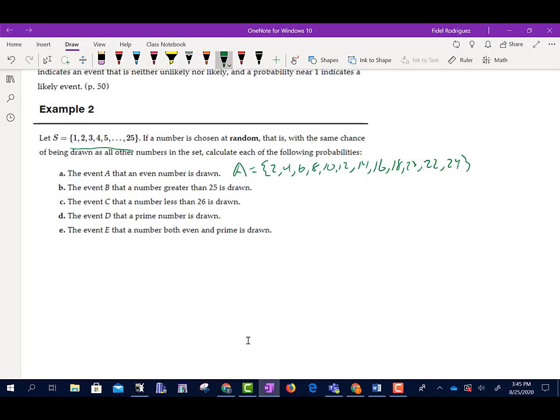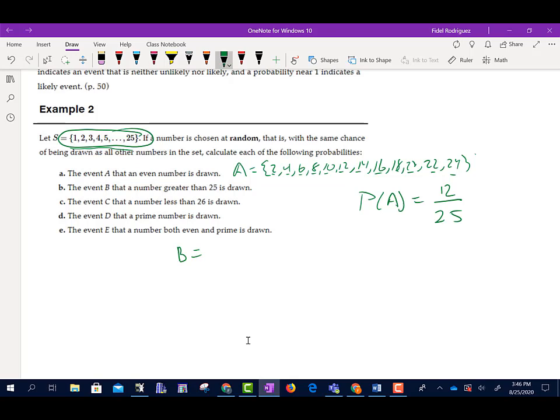Okay, so I'm going to count them now. 1, 2, 3, 4, 5, 6, 7, 8, 9, 10, 11, 12. So the probability of getting an even number would be 12 out of 25, because we have a total of 25 right there.